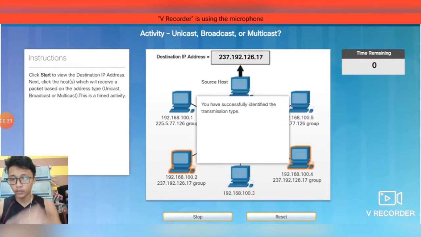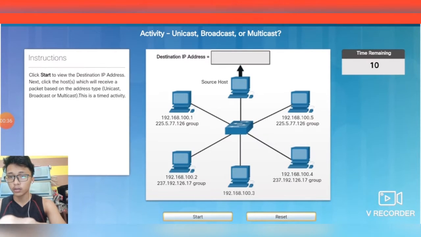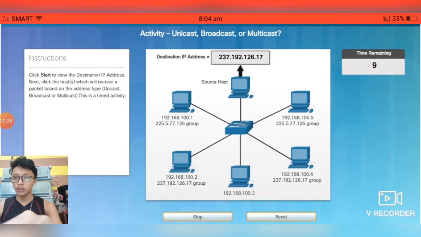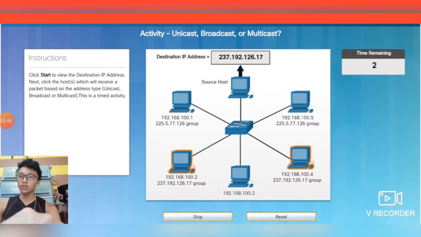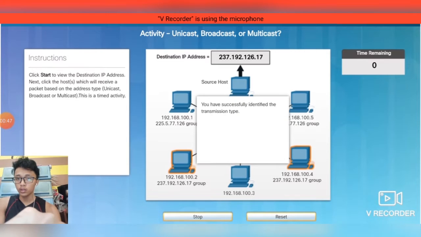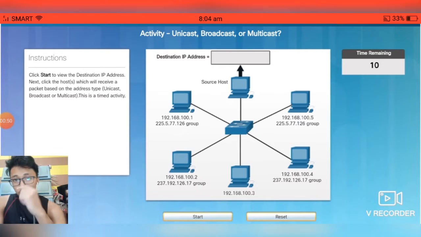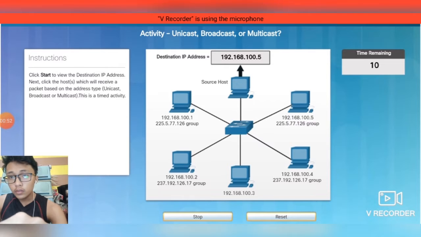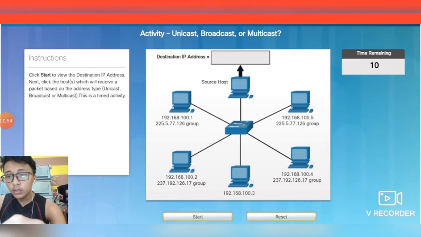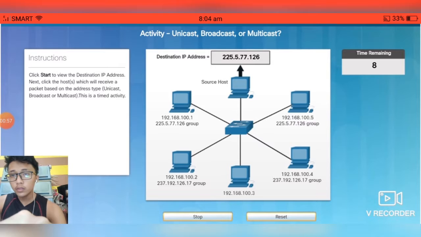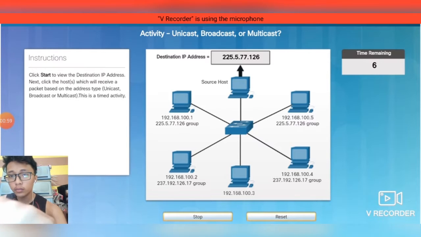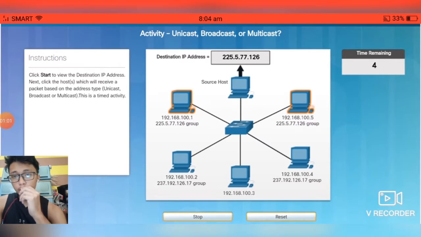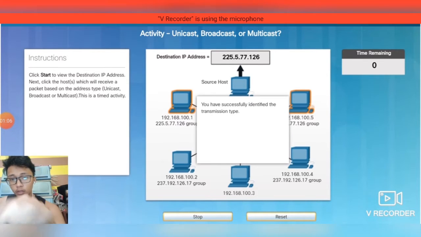So 192.37.192.126.17. So correct. Let's try another one. So this is also a multicast. 192.126.17 equals a multicast. So let's start again. This is a unicast, multicast, or broadcast. 255.5.77.126.